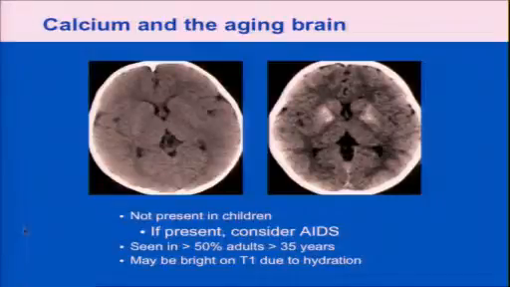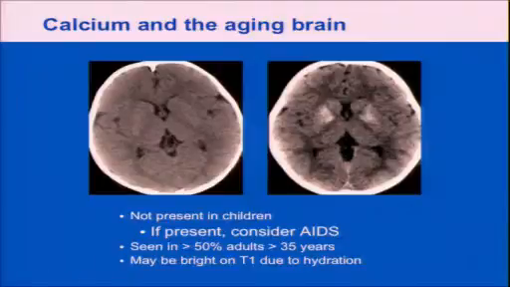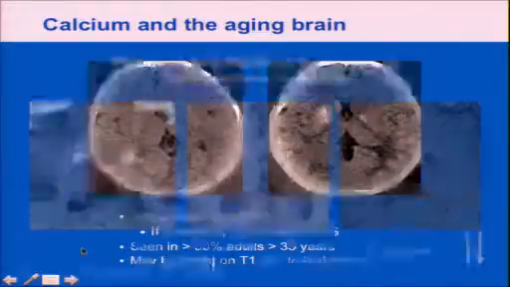Calcium in aging, that's another topic. We do see an increase in calcium over age. Calcium we don't see directly on MR. If there's enough calcium or calcification, we do see it also in MR, because then it causes susceptibility artifacts. It's seen more sensitively on CT, and it can be present in different diseases.